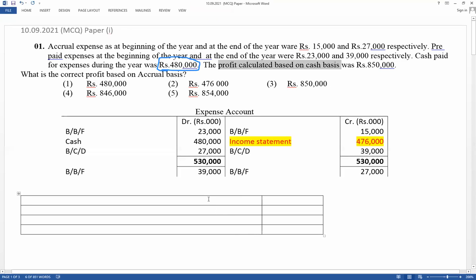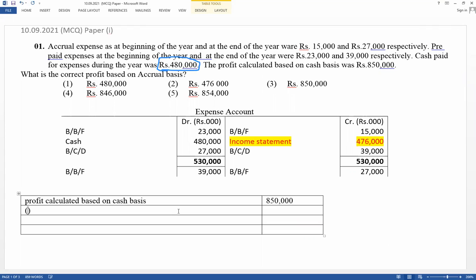It is equal to 850,000. The figure calculated on the cash basis has been given to us. When finding this profit, the amount deducted as expense is the money paid in cash. Therefore now it should be added back.